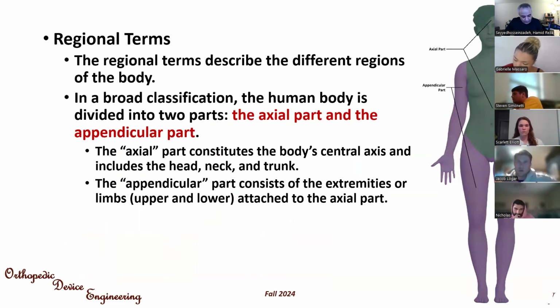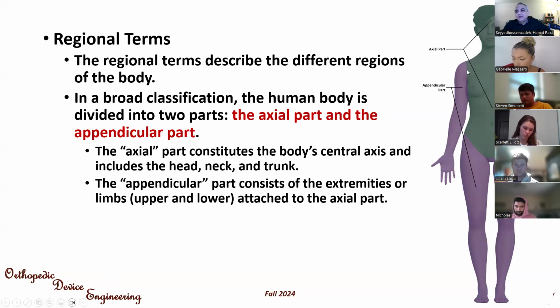We can divide the body into two major parts. These are called regional terms. One region is the axial part, and the other one is appendicular part. The terms are clear. Axial part is the central part of the body: head, chest, abdomen, and pelvis.